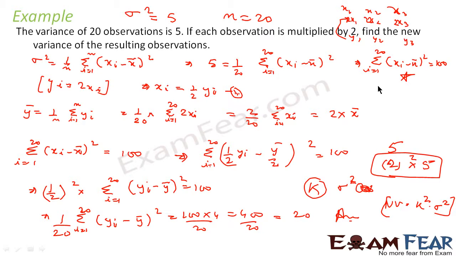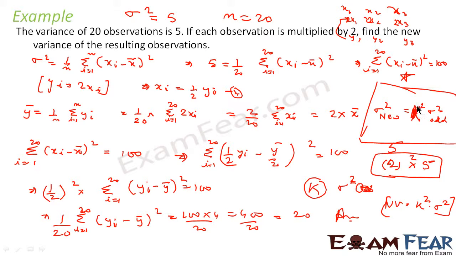Let me write once again here: sigma square new is equal to k square sigma square. So if you multiply all the numbers by k, then the variance is k square of the old variance.